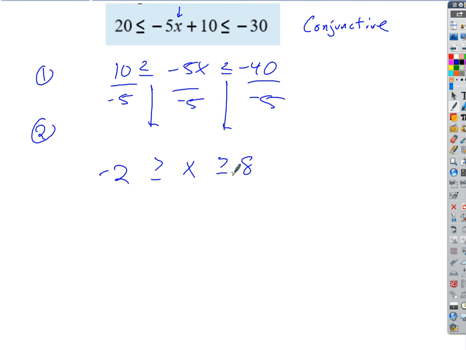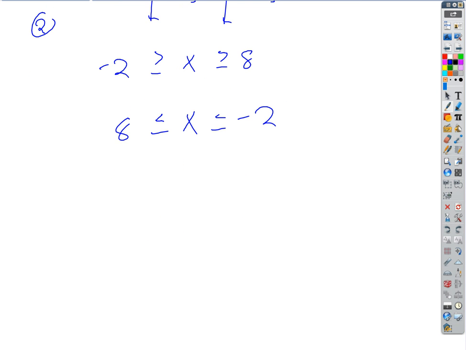So it's going to get completely flipped around. The 8 goes over there, the -2 goes over there, the x goes in the middle, and those get dragged around like that, right? Good answer? So all values of x greater than or equal to 8 and less than or equal to -2.